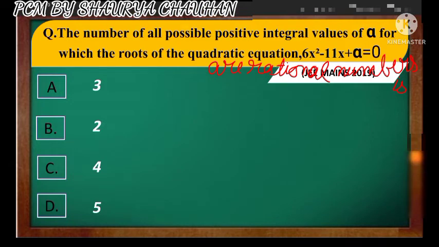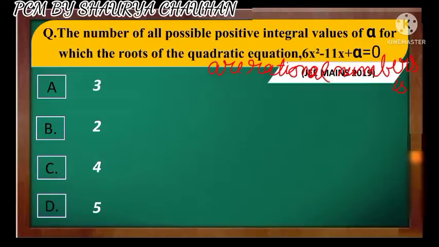We know that for rational roots, the condition is that the coefficients a, b, c should be rational and the discriminant D should be a perfect square. So I am giving you 50 seconds to do this question. Your time starts now.